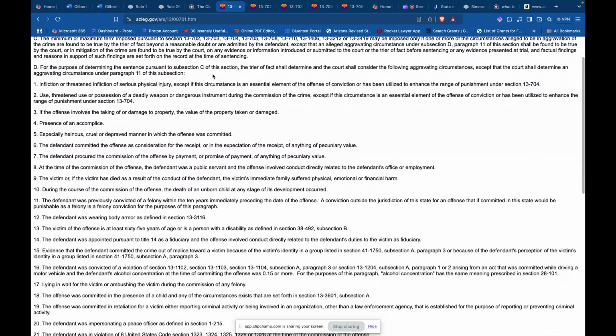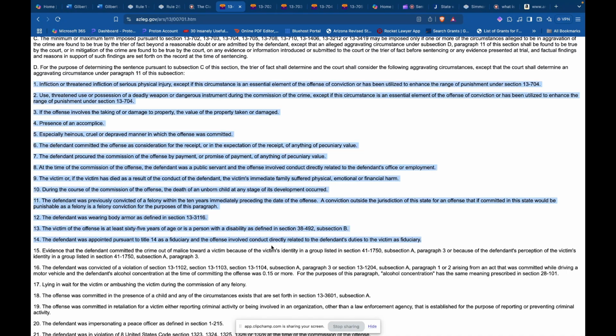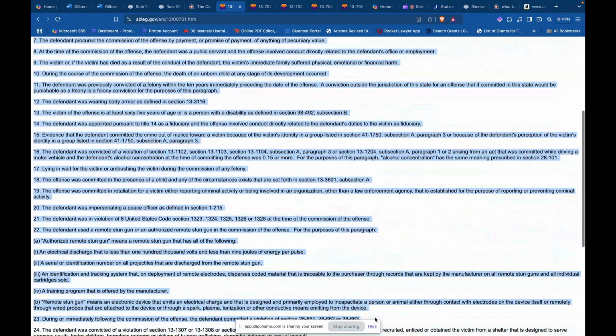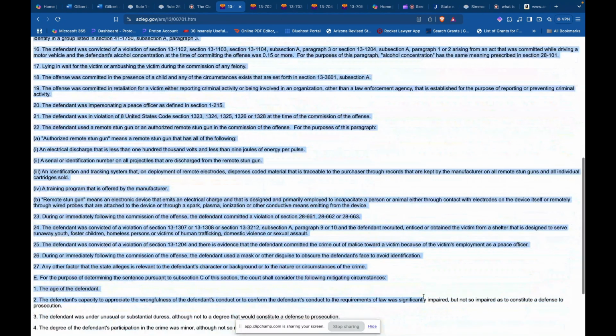So D here is the section that lists all of the aggravating factors that could be applied to a case. So this section, again, is your guidelines for how you're going to be weighing your mitigation or aggravation, how you're determining that, and under what grounds.